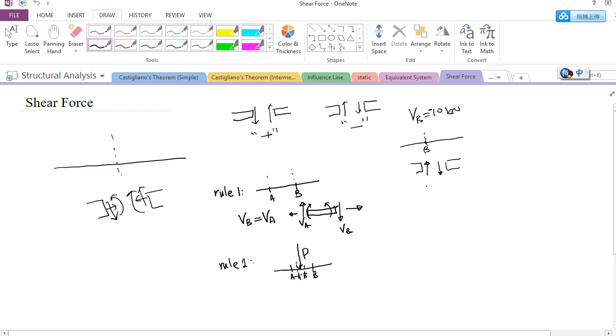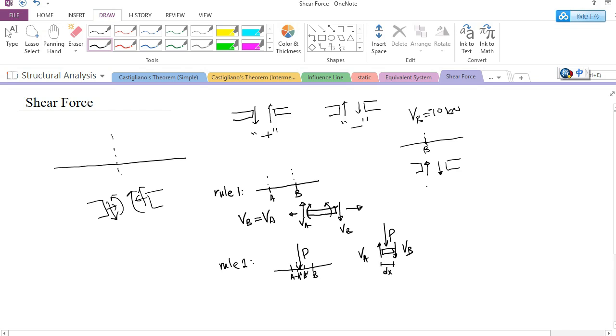From A to A prime there is no transverse loading, so VA prime is equal to VA, and similarly VB prime is equal to VB. So what will happen in this very small region, a very small region dx? This is P, and this is VA, and this is VB.